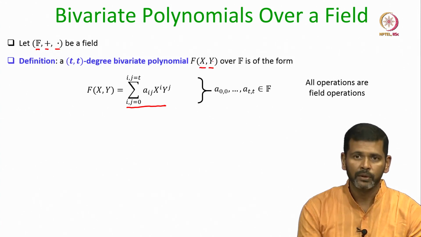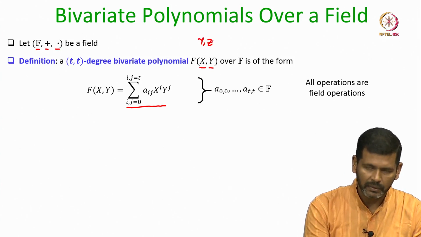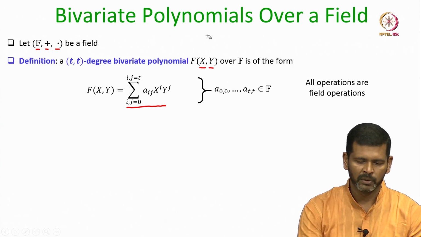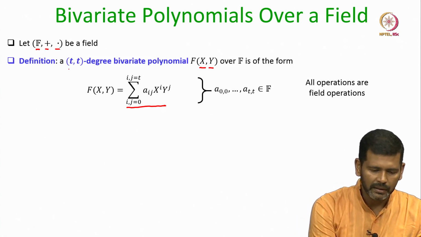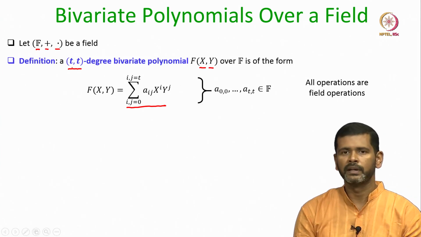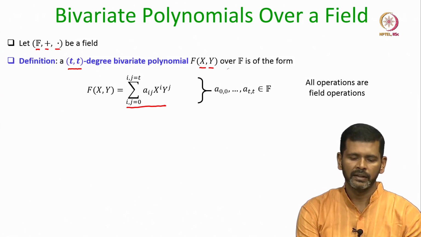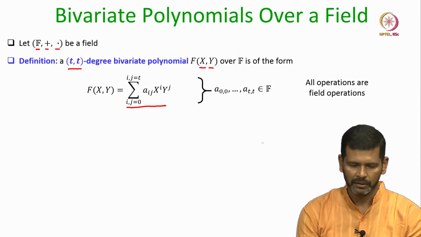Well, they can be any two variables, you can call them y and z or any variable. I am calling the two variables x and y, and we will be specifically using a bivariate polynomial where the degree of the x variable will be t and the degree of the y variable will be t in the overall bivariate polynomial.